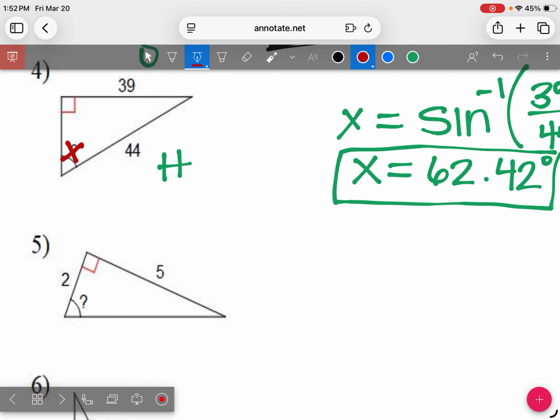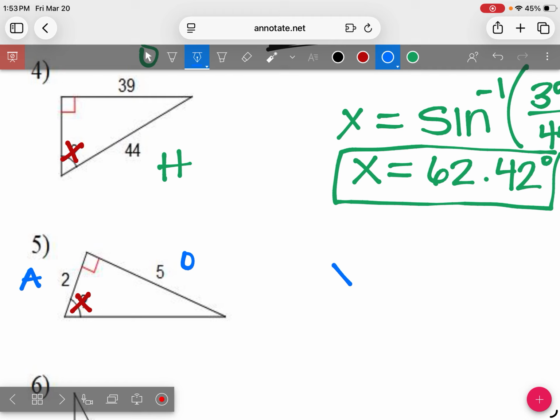So this is x. Now we just need to figure out what is the 2 and what is the 5. So what do we think 2 is? Adjacent. And what is the 5? Opposite. What trig ratio uses O and A?